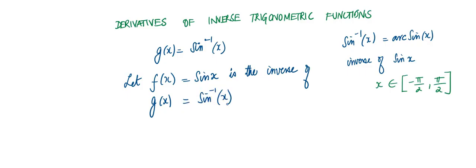Okay, so I am defining my f of x to be the inverse of the sine inverse. With me on this? I know it's getting a little confusing with all the extra inverses, but we're using a special notation, f of x, and calling it sine x, because sine x is the inverse of sine inverse of x. Okay, all right.